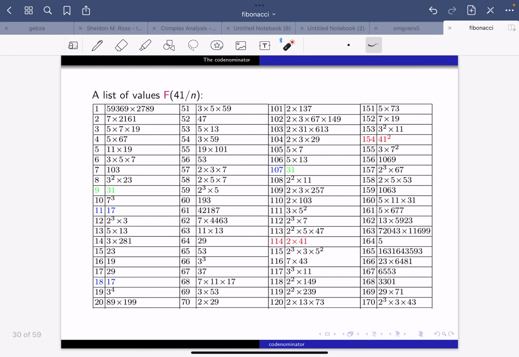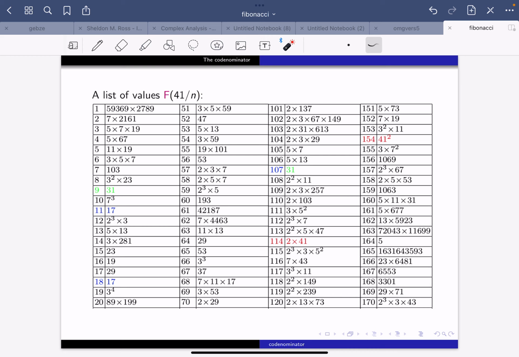I can also provide you a list of the codenominator values of some rationals of the form 41 over n, where 41 is just an arbitrary number. You can observe several facts.